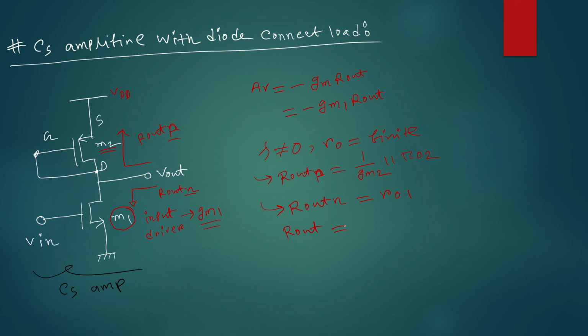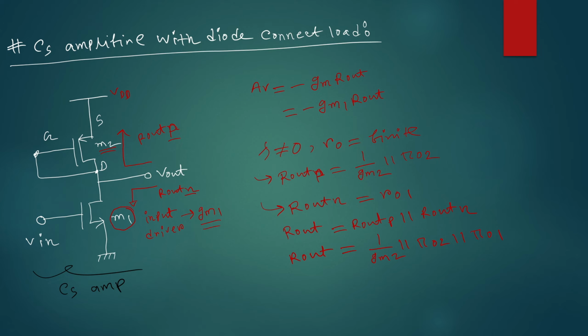The total Rout will be Rout PMOS parallel Rout NMOS. Your Rout PMOS is 1 by gm2 parallel RO2, and then parallel Rout N, which is RO1. Basically this is the output resistance you can feel from the output side of this amplifier.